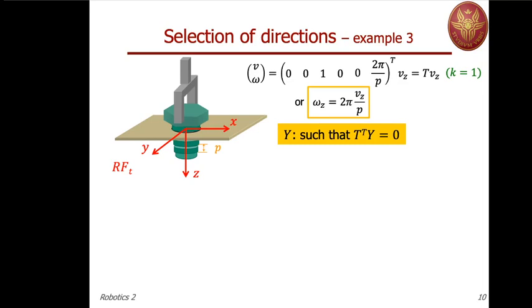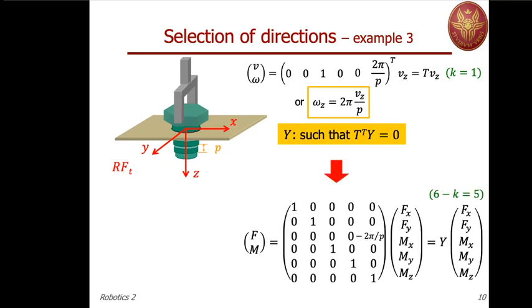So we will do this by looking for the matrix with the maximum number of independent columns, namely 5, that lie in the null space of the T transpose, this row vector that you see on top of the slide. So this is very convenient because it's very easy to compute. You can do it also in MATLAB. And this is the solution.